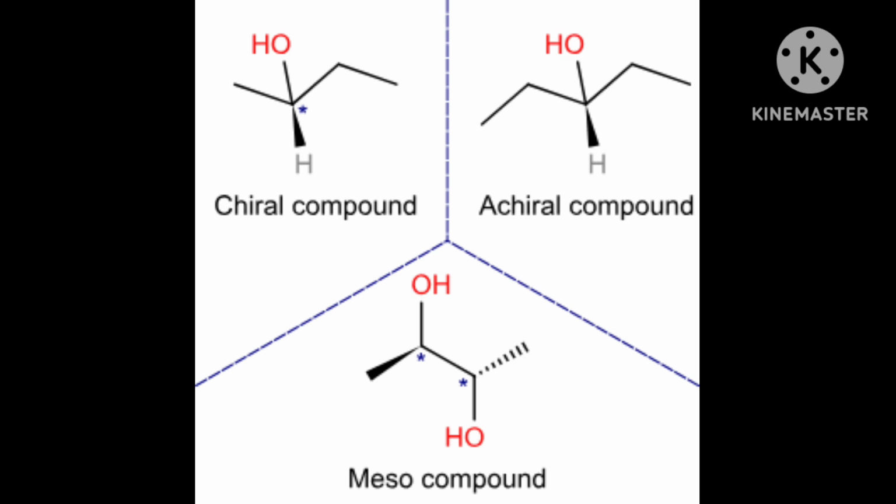Correct? It is just like a name only. Both non-superimposable molecules, isomers, the name is called enantiomers. Both are enantiomers. The stereoisomers related to each other as non-superimposable mirror images are called enantiomers.